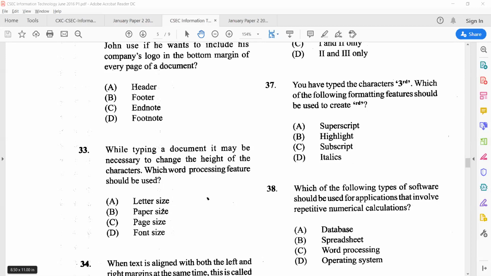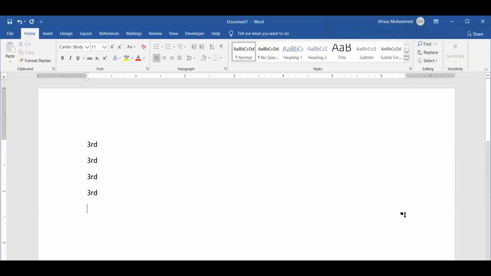So let me just share my screen here. Okay. So I have a Microsoft document open here.